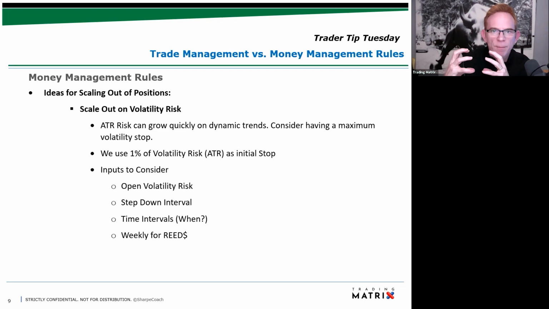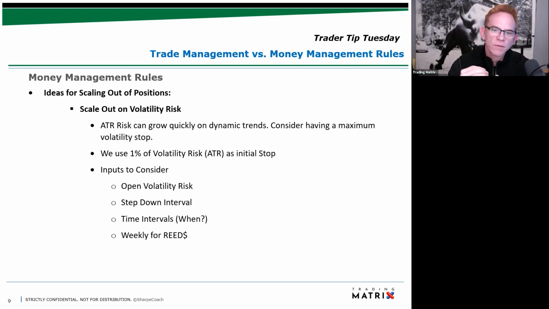So we have a maximum amount of volatility risk at any given point. Let's just say that we measure our risk in terms of volatility and we have a size at 1%. Well, as volatility grows, our volatility risk in the account is going to grow, and we're going to have to sell some to get it back down to 1%.